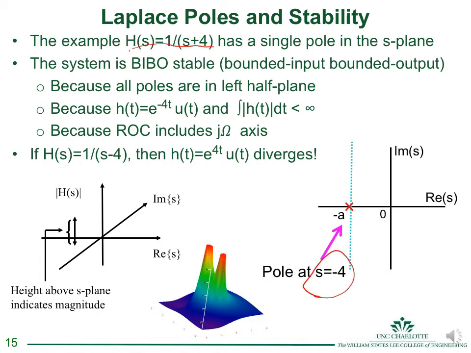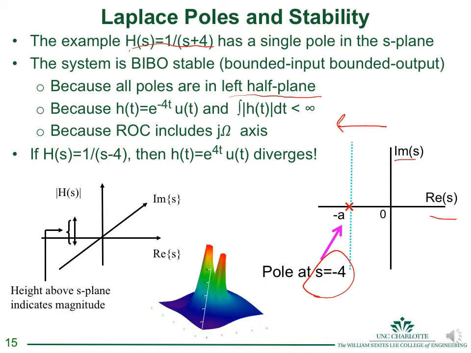If we have the real axis and the imaginary axis, the pole is located to the left of the imaginary axis by 4. A system is bounded input, bounded output stable if all the poles are in the left half plane, that is, to the left of the imaginary axis.